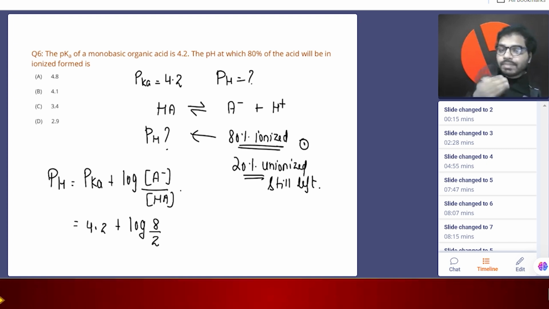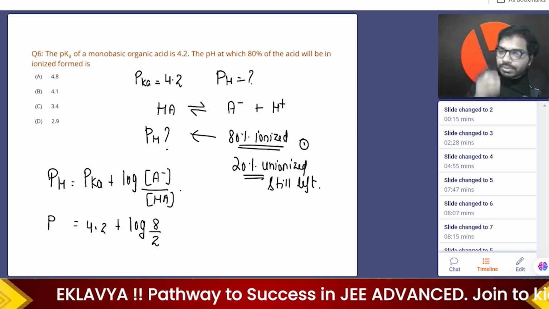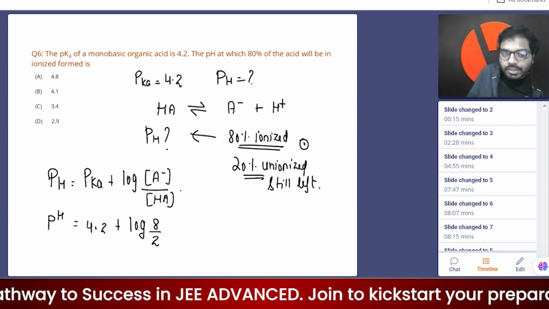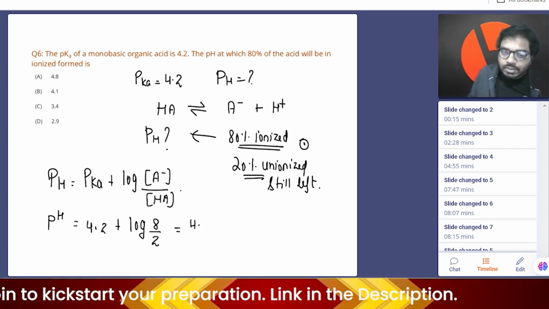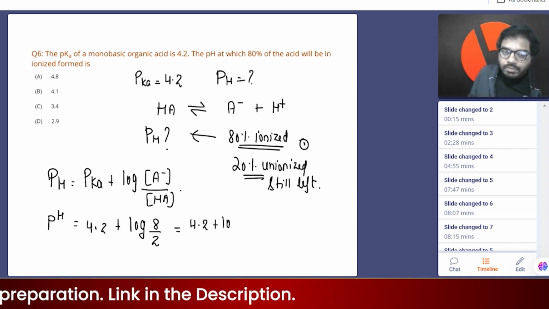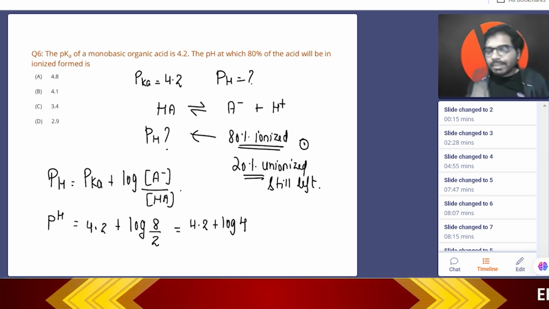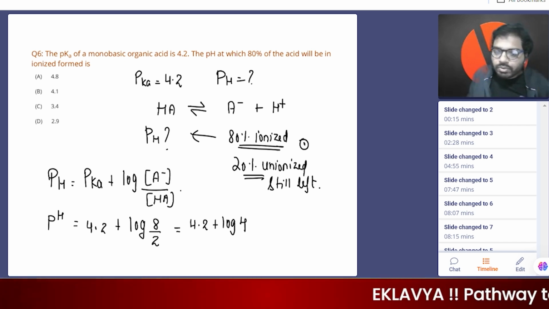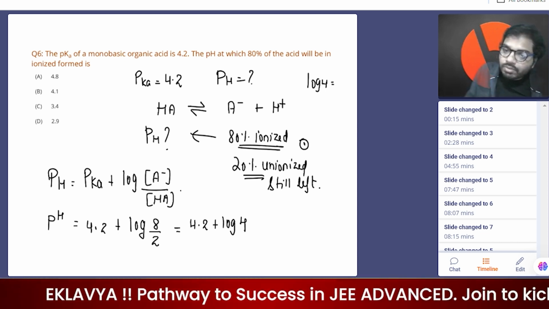For simplification, I just wrote 8 by 2 in the numerator: 8 is the ionized form and 2 is the unionized form, and we have to find the pH at which 80% of the acid will be ionized. So what will be the value here? 4.2 plus log 4. You must know the values of log base 10.